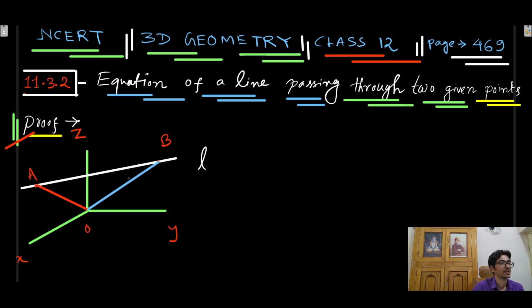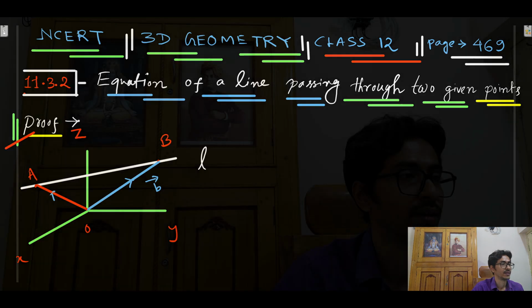Say this is B vector, this is A vector. Now we will take another arbitrary point on the line L, say P, whose position vector is R vector.